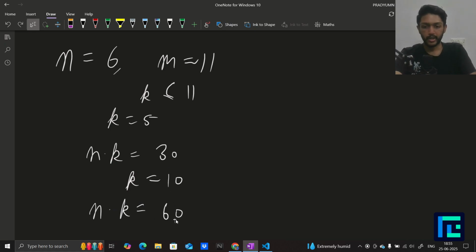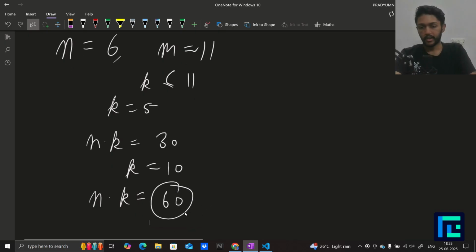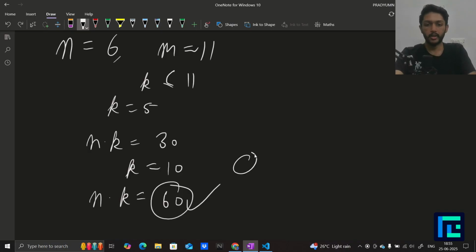This one also has only one zero, but since it is larger, this one is the answer. And because we cannot get two trailing zeros, as you will see later, the answer is 60, because with one trailing zero it is the maximum.